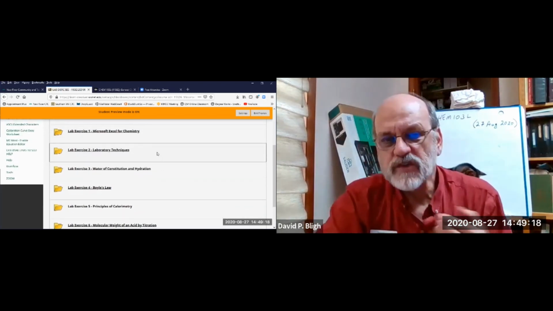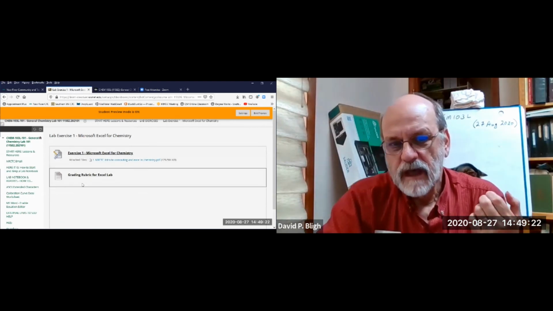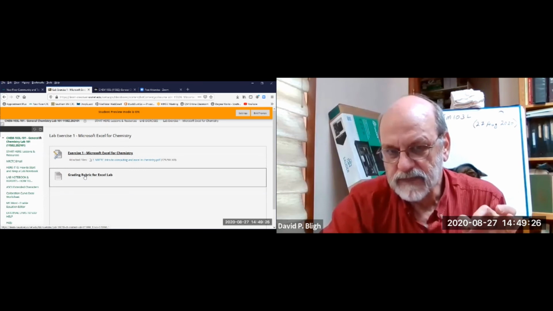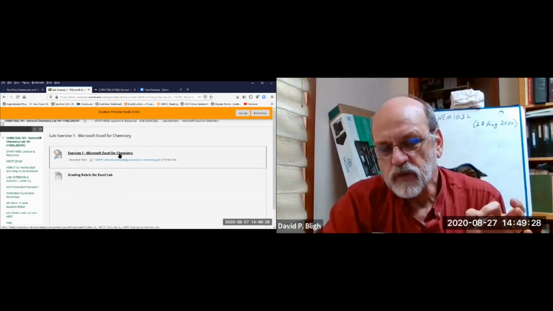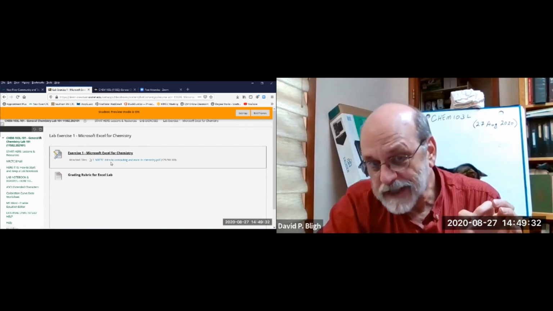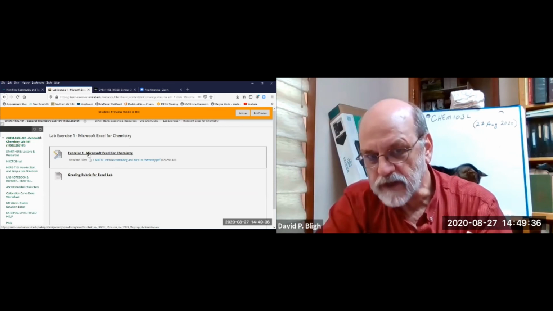Okay, so what do you have in each one of these folders? There's the special rubric for the Excel lab, right? And here's where you go to get the hard copy. You can get it from here, but to submit it, you need to go into this one.